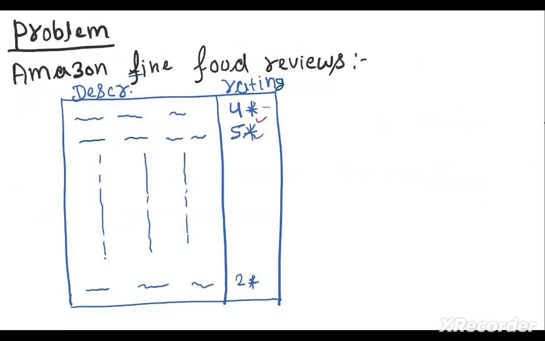So here, what I told you is that first we download the data. Consider the Amazon fine food reviews data. Basically this data has the description and the corresponding rating: description then rating, description then rating. If you go to Amazon and visit there, you will see that there is a rating and there is a description.